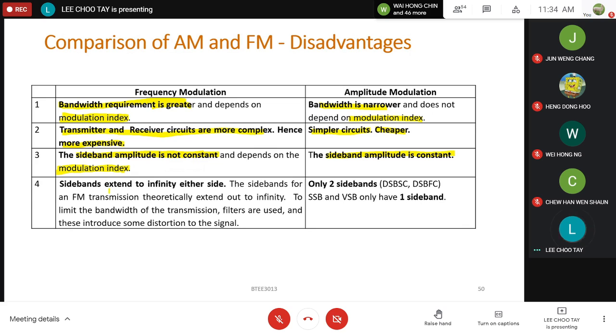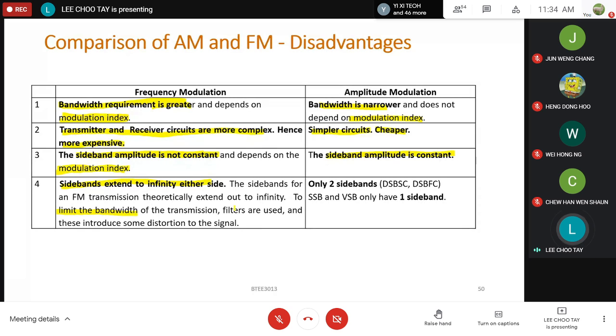The fourth disadvantage of FM is that theoretically the sidebands extend to infinity on either side. However, for transmission of an FM signal, we are not given infinite bandwidth, so we need to limit the bandwidth of our FM signal.